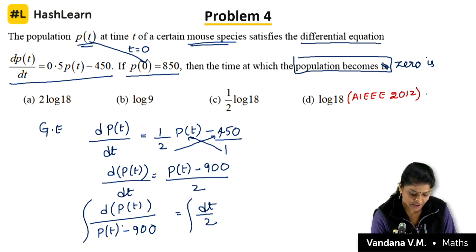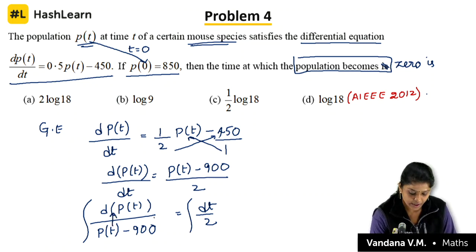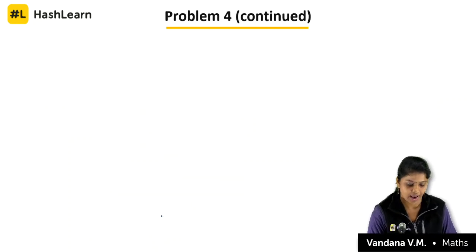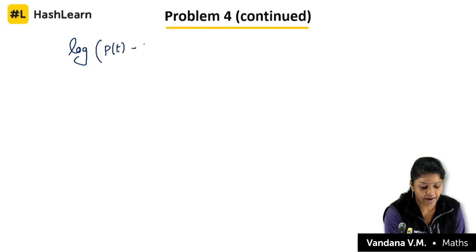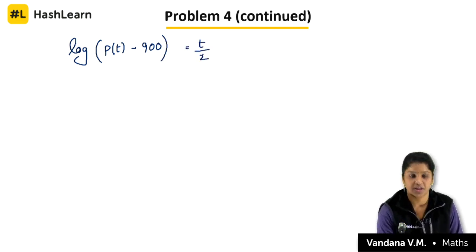If I am integrating, see, the differentiation of P(t) is dP(t), and the differentiation of 900 is 0. So, I can write this as log of (P(t) - 900) is equal to t by 2, as before.